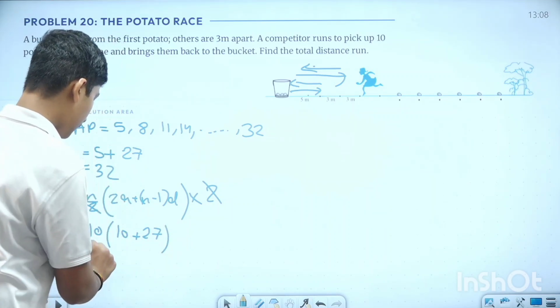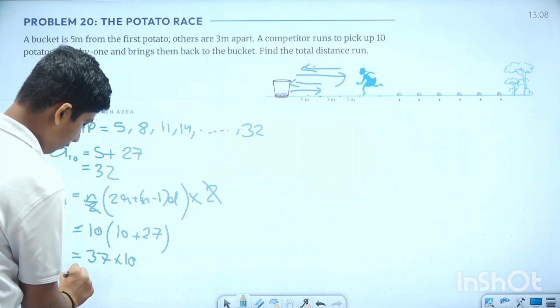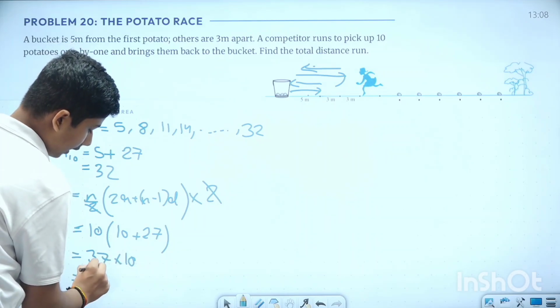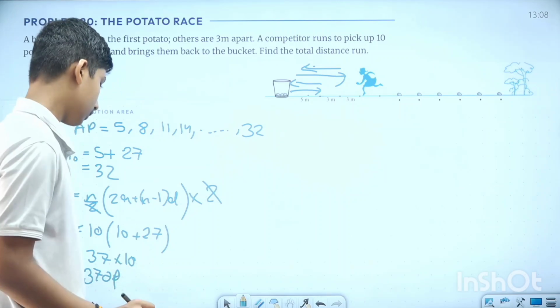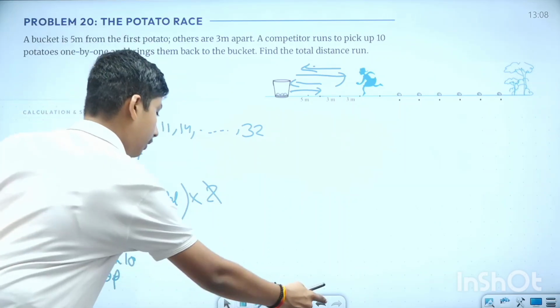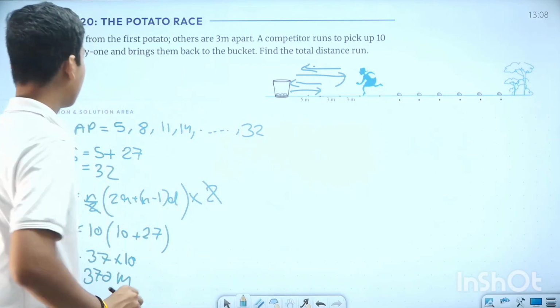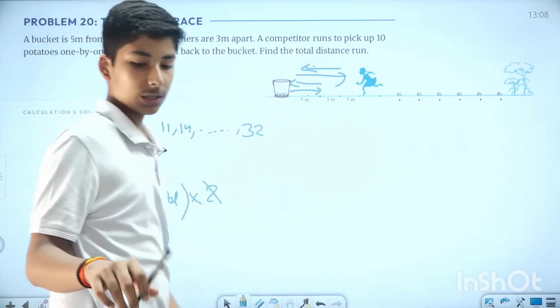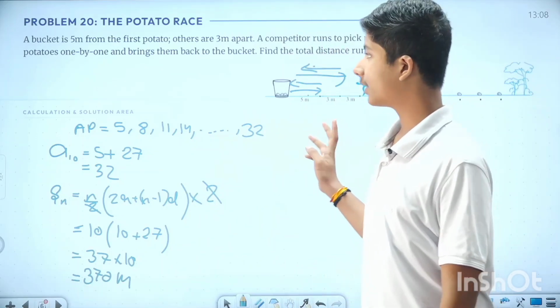So our answer will be 37 into 10. Means in total 370 meters, because we had to find the total distance. So 370 meters have been run by the girl.